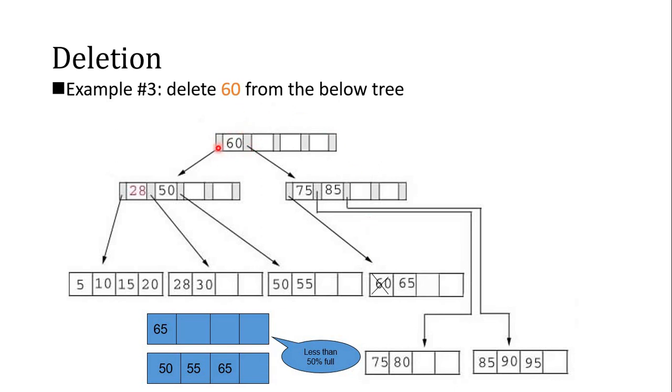As 60 is deleted from here, these nodes can also be merged, because there is no need for these nodes. As this node does not belong here, there are only 4 values: 28, 50, 75 and 85. These 4 values can be present in the same level. Also this node is merged, so there is no problem.